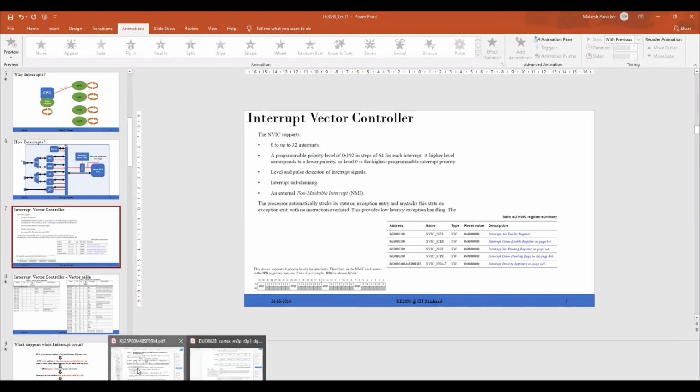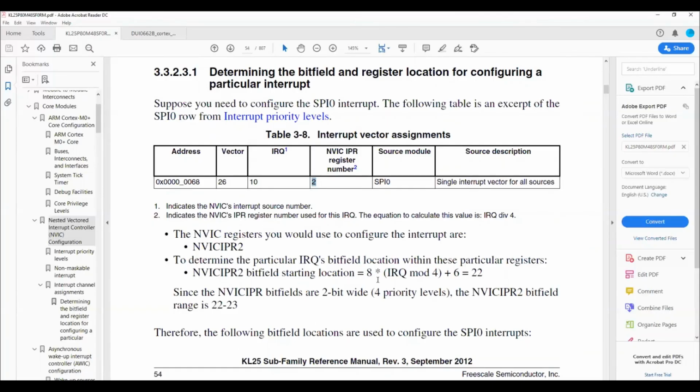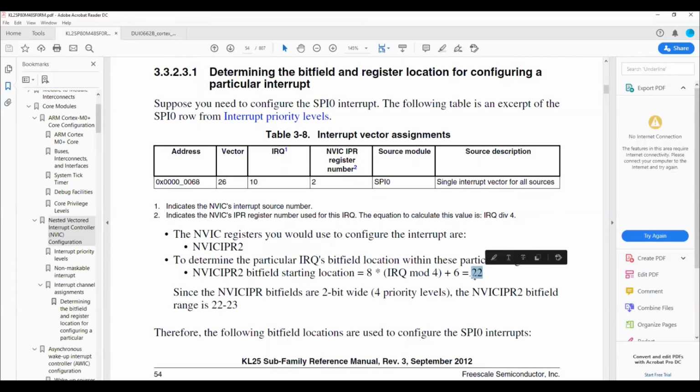That is given by a very simple formula, which is listed here: 8 times IRQ number, mod 4, plus 6. If I put the IRQ number, which is 10, into this, I will end up with 22. That means the 23rd and 22nd bits of your NVIC IPR2 register should be set accordingly. So I can give 00, 01, 10, 11, any of these. And of course, 00 is the highest priority, 11 is the lowest.